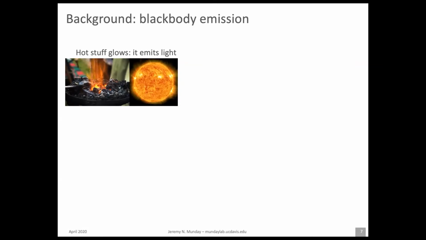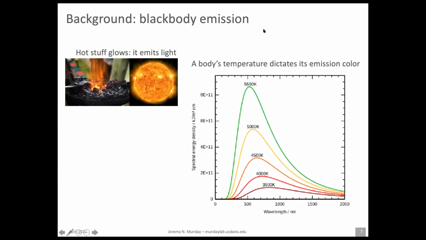And this comes down to what we call black body emission. So every object will emit light, and that emission of light is related to its temperature. And so here we have a spectral energy density. So it's basically the amount of energy that's being put out from that object as a function of the wavelength of that light. And so as we approach about 6,000 Kelvin, that's about the temperature of our sun, we see that there's a peak in the spectrum, and it's over the visible.